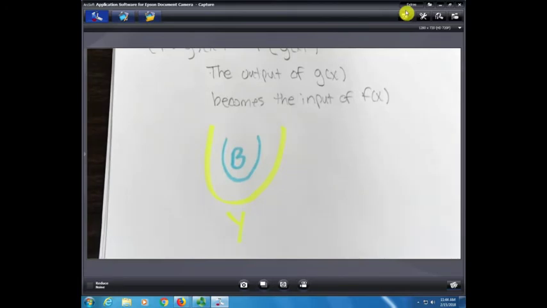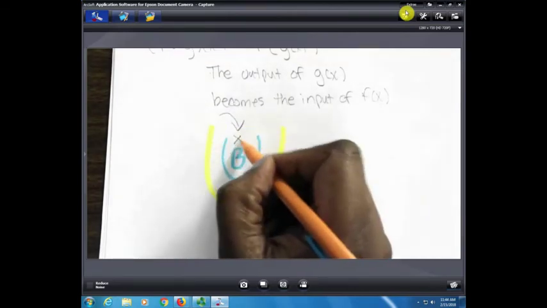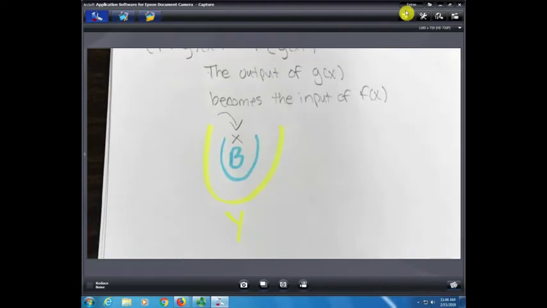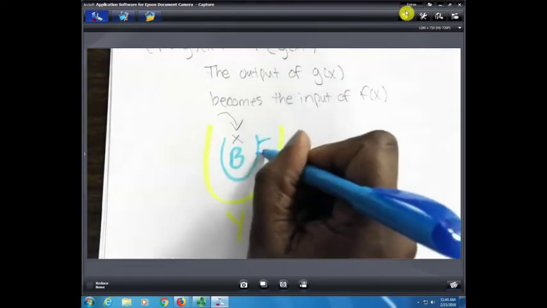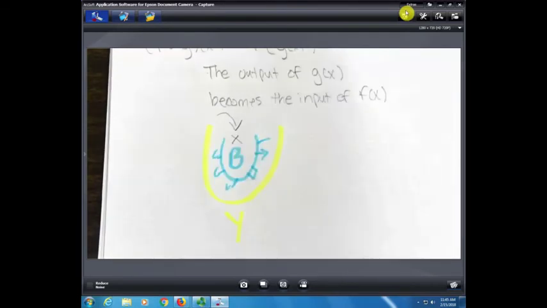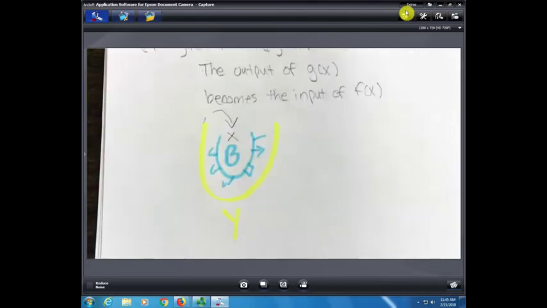So what's going to happen is that I'll have some x come into the blue function. And when that x comes into the blue function, it's going to do its thing. It's going to have some operations there, adding, subtracting, multiplying, dividing, and it's going to produce an output. And that output will go inside the yellow function.